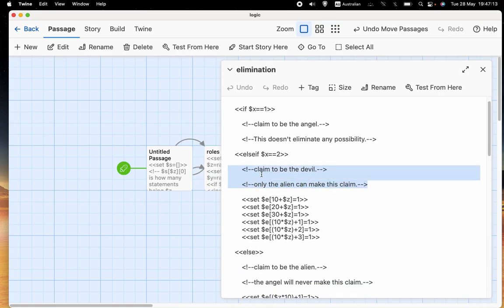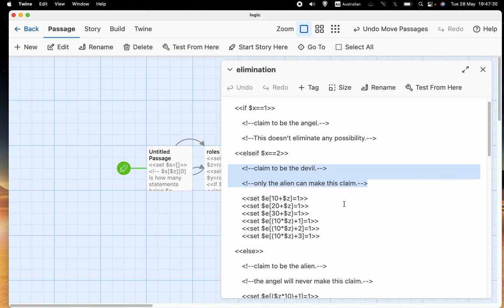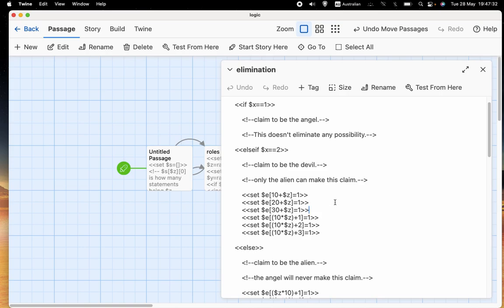Whereas a claim to be the devil actually eliminates heaps of possibilities, because only the alien can make this claim. An angel can't make the claim because it would be false, and the devil can't make the claim because it would be true. So we can eliminate any possibility where Z is the angel or where Z is the devil, because we know that Z has to be the alien if they make this claim.